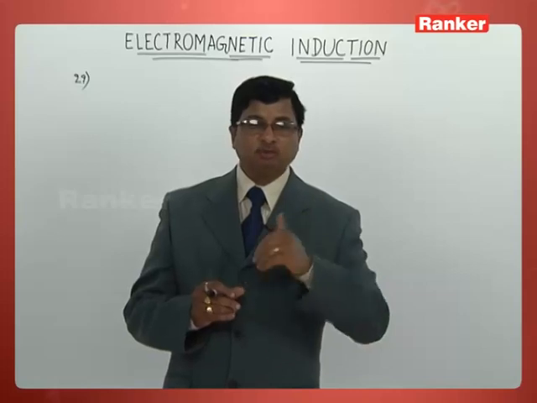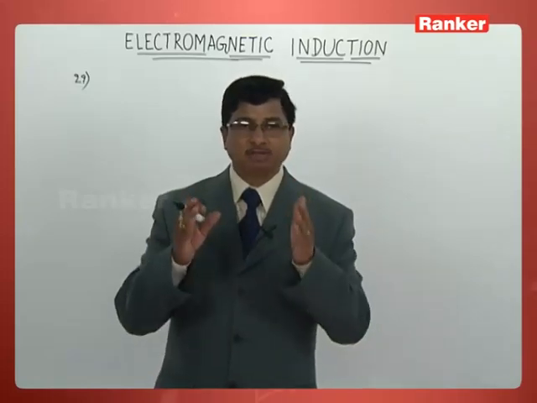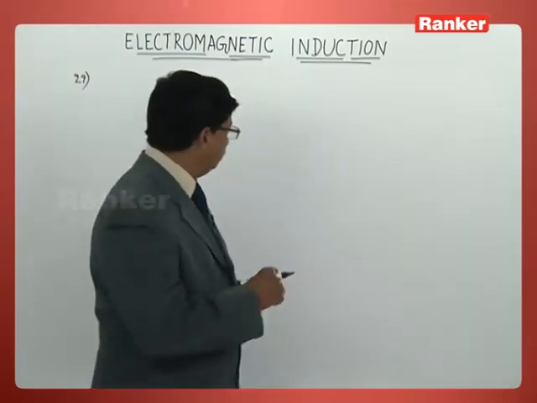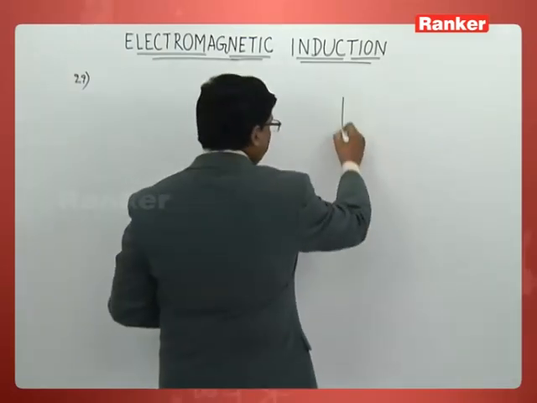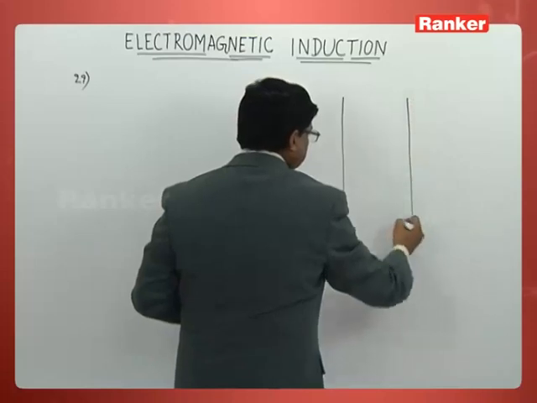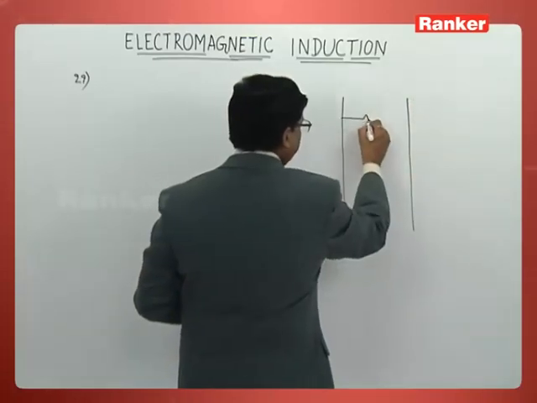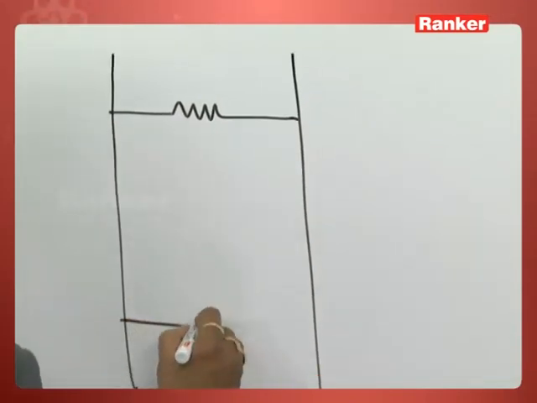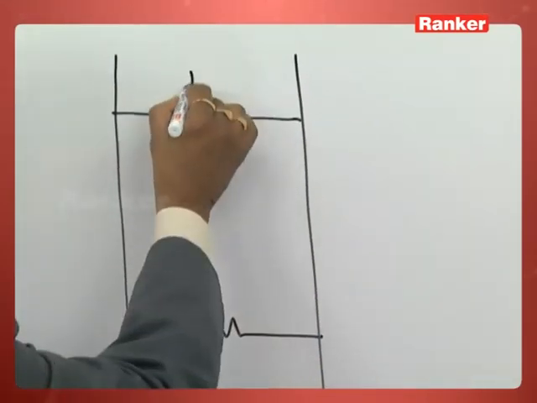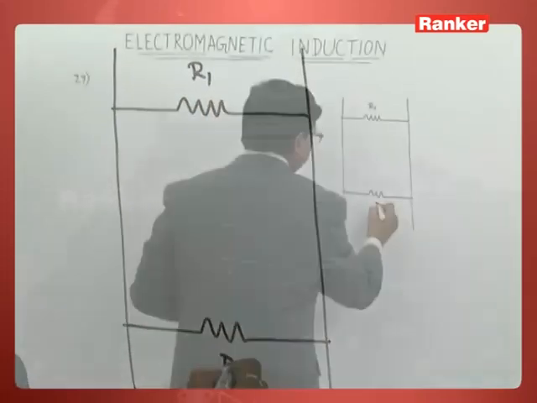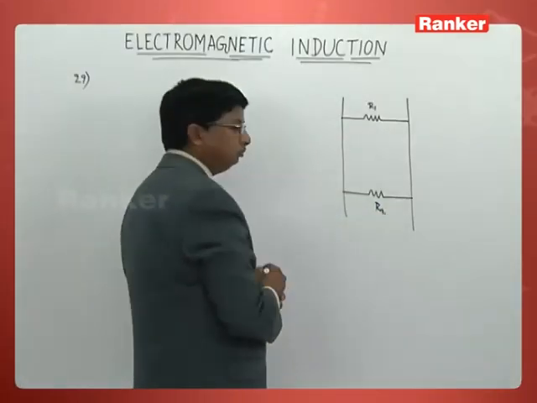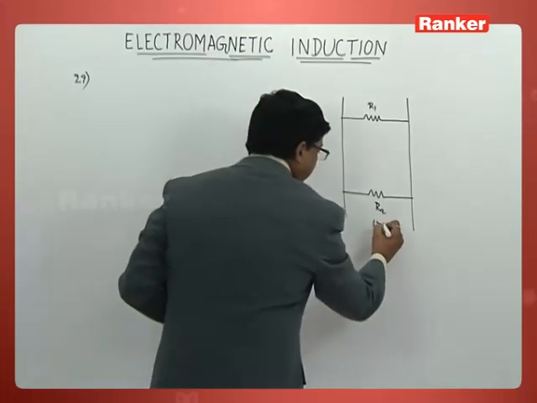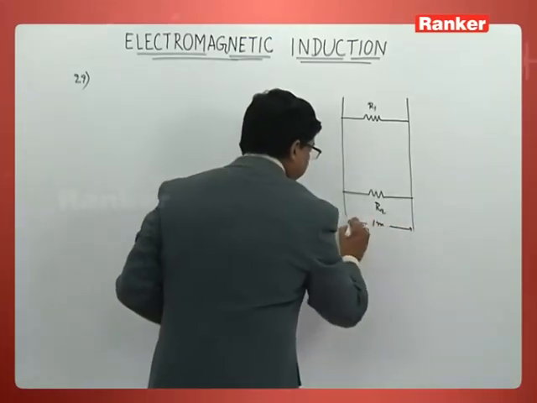So let us first of all understand what is happening exactly over here. He has given us two parallel rails like this, they are vertical like this. A resistance is connected over here, another resistance is connected over here. This has been given as R1, this has been given as R2. The distance of separation between these two rails is given as 1 meter.